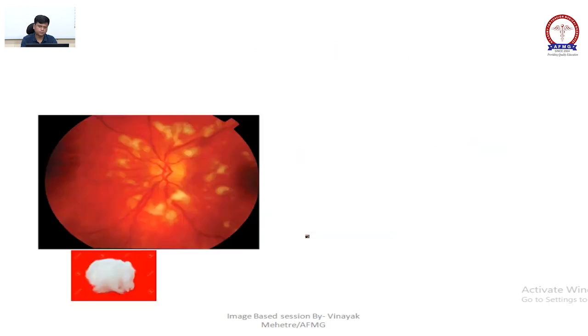Okay. This one is your... can anybody tell? It looks like cotton wool.